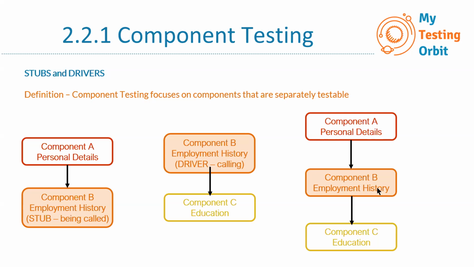Then in component B, if there is employment history, maybe we are taking a variable from here for when that person started working, started his employment.